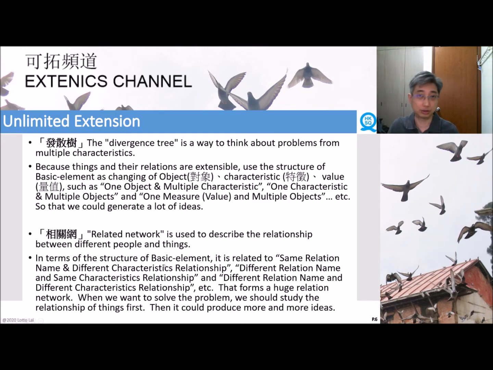In terms of the structure of the basic element, like object, characteristic, and also value, they have different relation names and different characteristic relations, different relation names and some characteristic relationship, and different relationship names and different characteristic relationships, etc. This forms a huge relation network. When we want to solve a problem, we should study the relations of things first, and then it can produce more and more ideas.